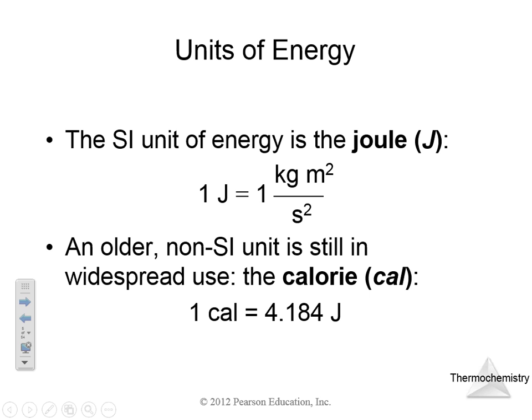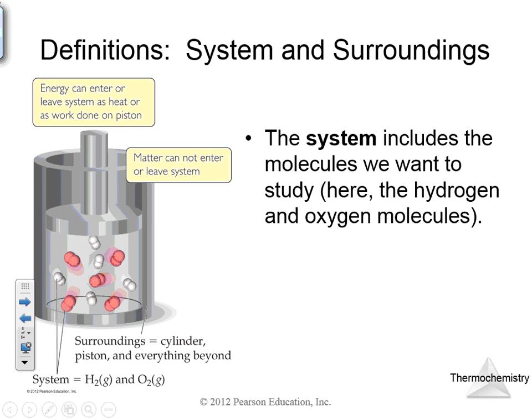Remember, what we eat is kilocalories, not actual calories. So what you eat, you're supposed to get 2,000 calories in your daily diet. That's actually 2,000 kilocalories. So the calorie is a unit of energy that we use for food. It used to be used for energy, but for the most part we see joules, but it is possible they may sneak in a calorie question. So when we talk about energy, there are 2 defining aspects that we need to talk about.